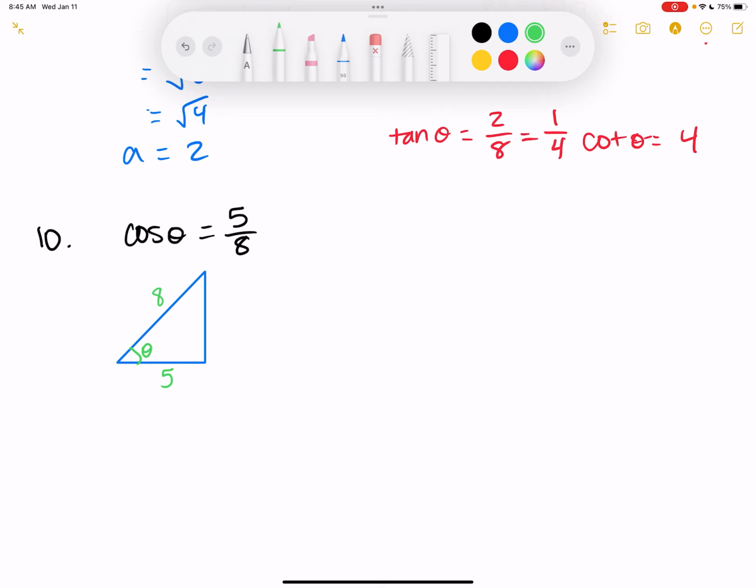So then, still need to find the other side. So how would I do that? Modified Pythagorean theorem. So I'm going to have a is equal to the square root of 8 squared minus 5 squared. You'll see the farther we go, the lazier I get with how I write the Pythagorean theorem.